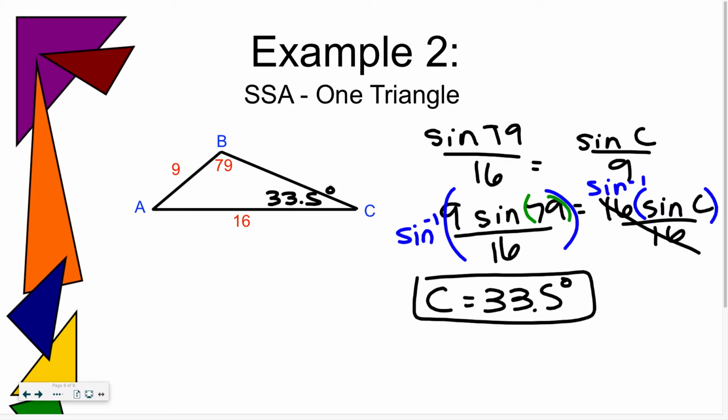Okay, now after you find C, could you keep solving? Yeah, now that you know that angle, you could find the third angle. This angle will be rounded. But then after you find angle A, you can find side A. 5.4.